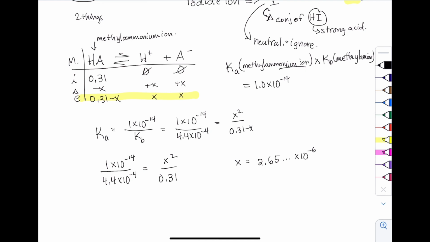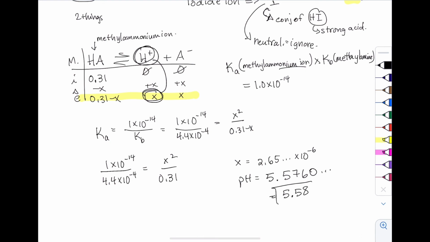That is the value of x. You go back up to your ICE table and say, okay, x was the H plus concentration. So in order to find the pH, I take the negative log of that. And I want to go to 2 decimal places. When I report it, I want to round, and so I'm going to report 5.58 for the pH of that solution.